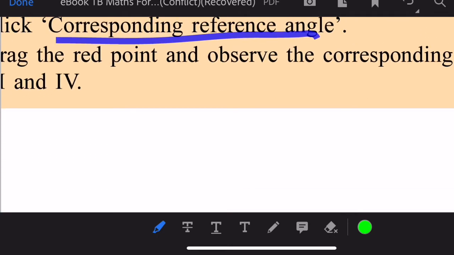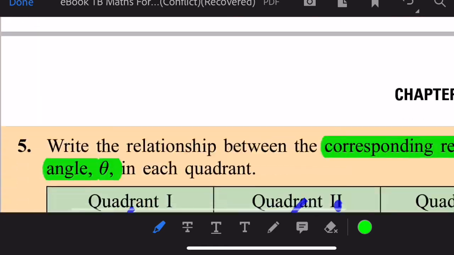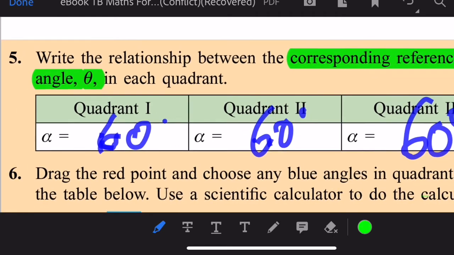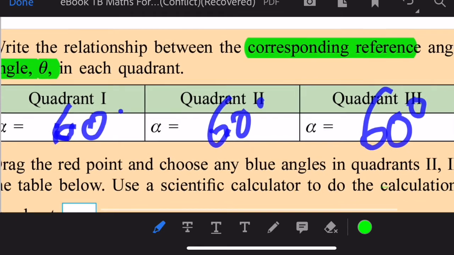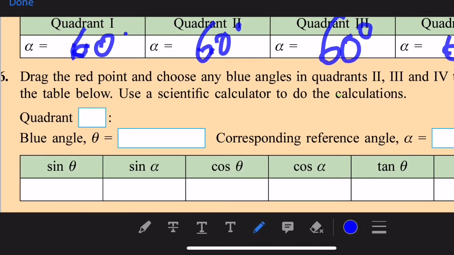Let's see the relationship between the corresponding reference angle alpha and the blue angle. That means we are going to find theta. In quadrant 1, the blue angle is 60.